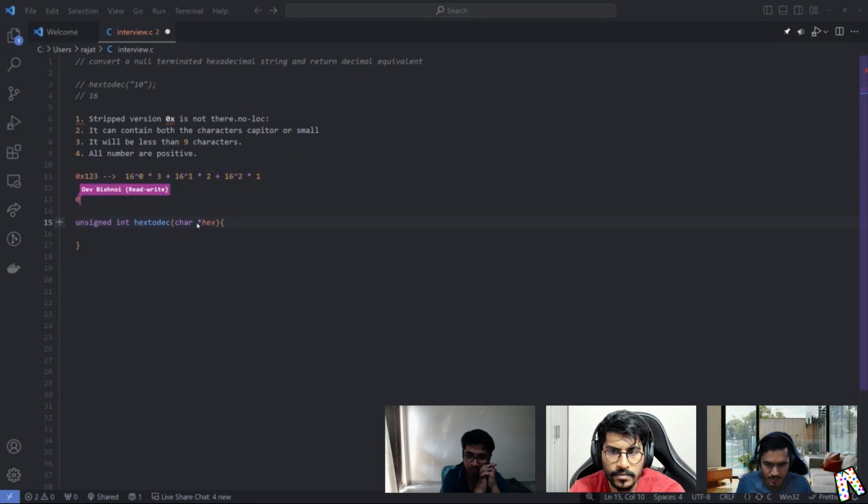Now the other way is, let's say I'm given a mix of characters, like 0xF1. Then I can do 16 to the power 0 times 1, the least significant digit, and then 0xF. Here F represents 15, right?